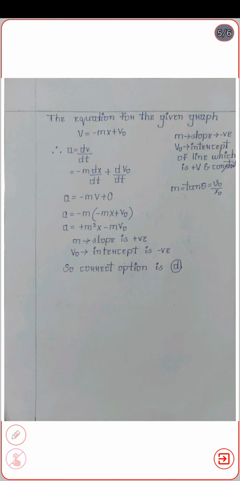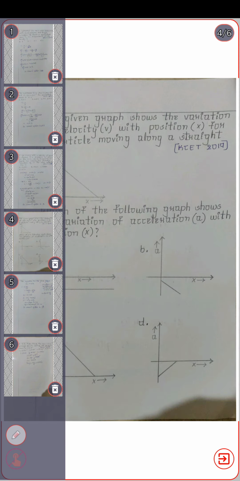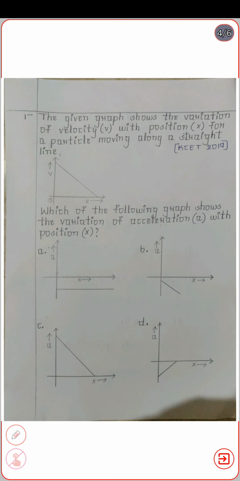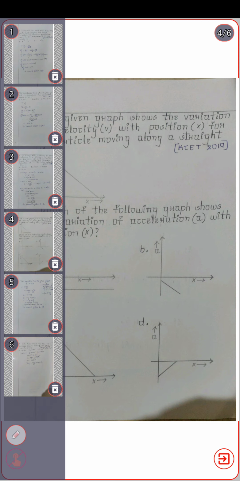In the given graph we have minus m, the slope is negative, and v naught, the intercept of the line, was positive. But here the slope is positive whereas the v naught is negative. So when we see the graphs here, the option D has that. So the correct option is option D.